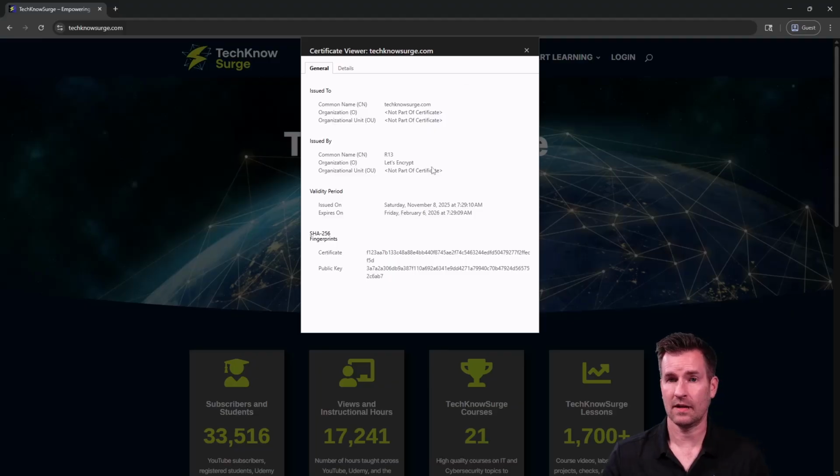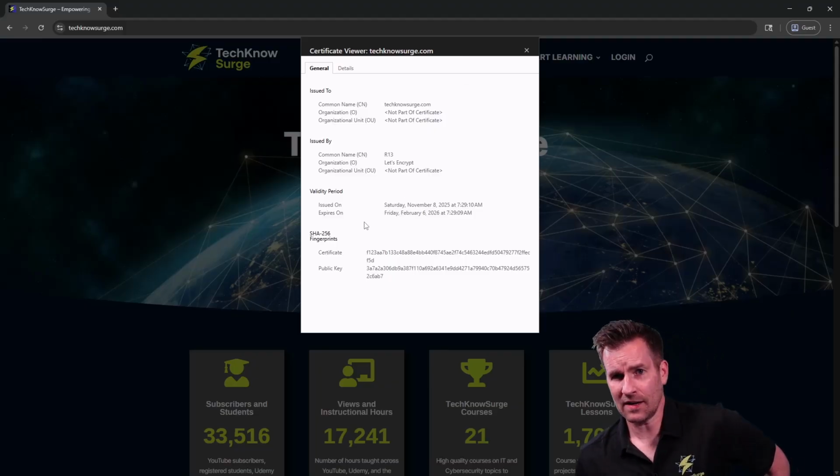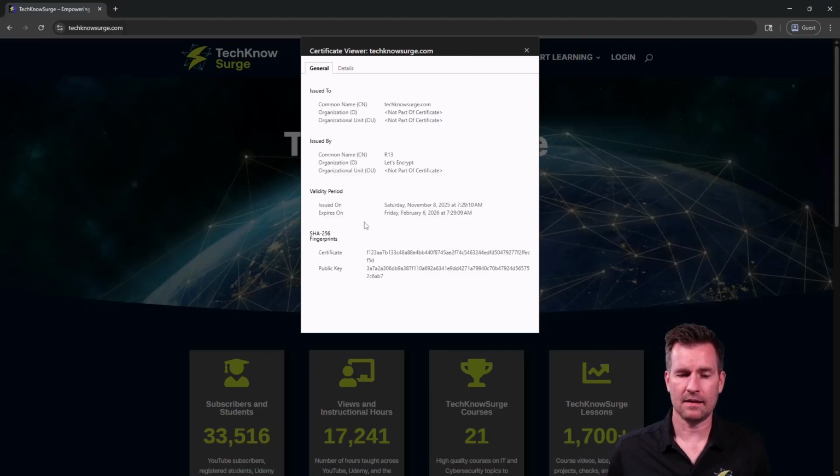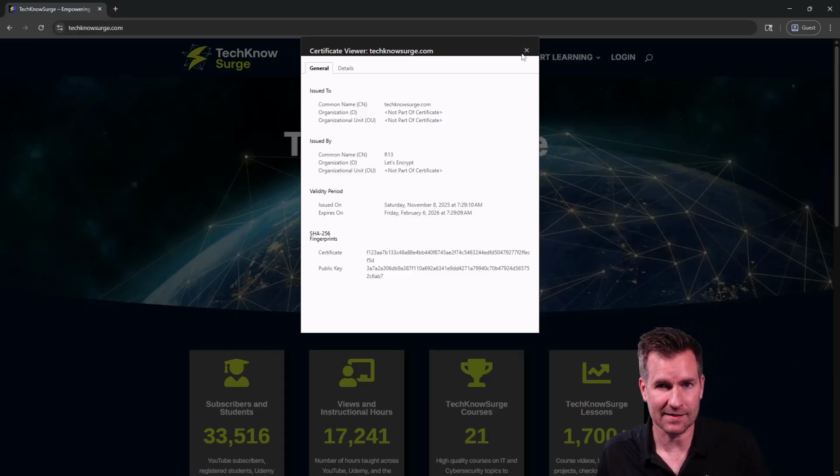Well, this is the certificate. A certificate we're going to get more in depth into in a little bit, but just know that this is part of PKI. Certificates are a part of PKI. I can use them in other scenarios as well, but it's a part of PKI. And what this certificate right here does is give me a level of trust that I'm on the right site, essentially.